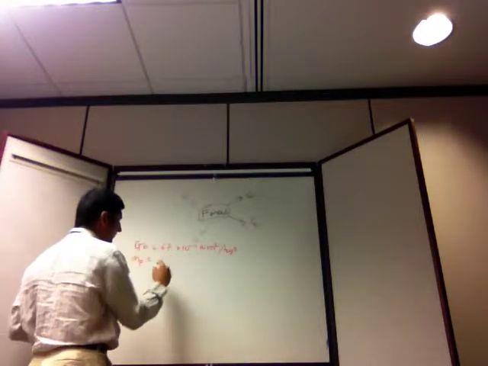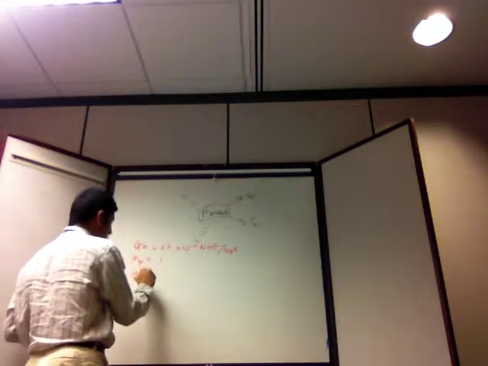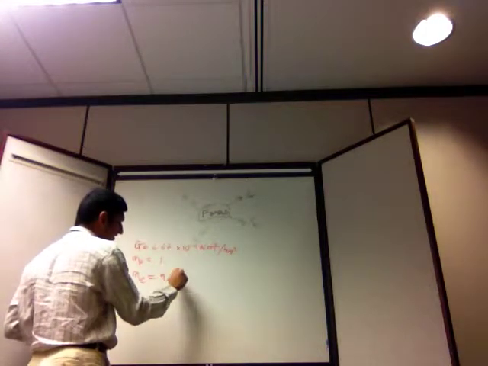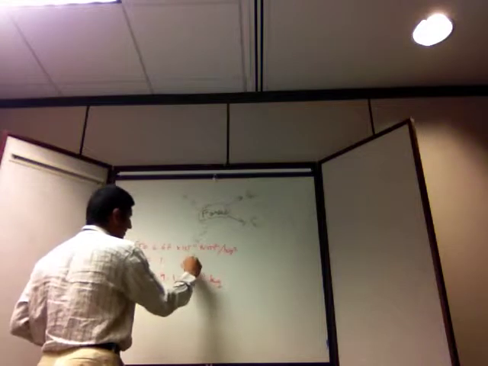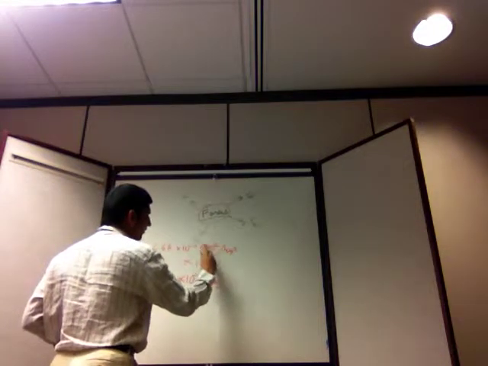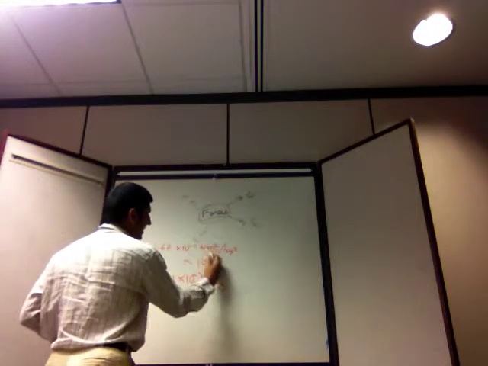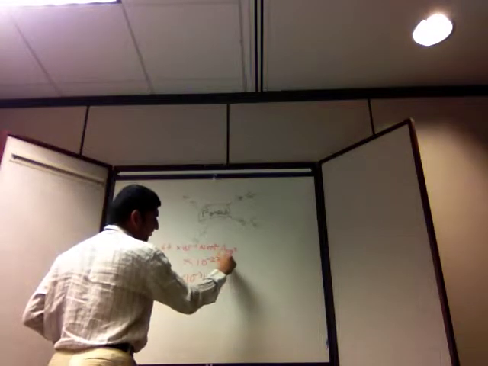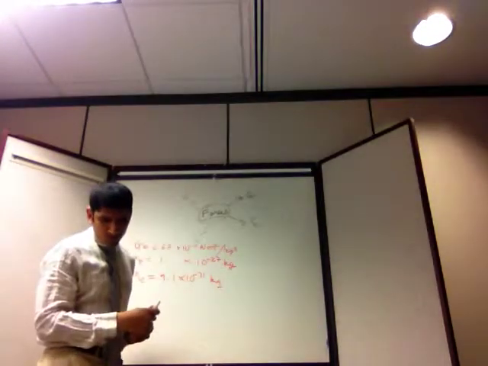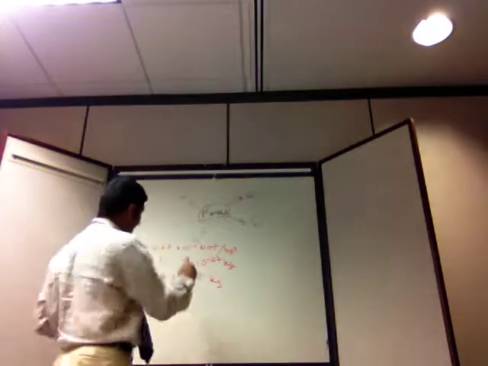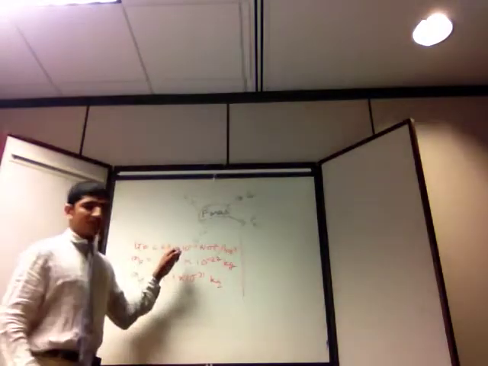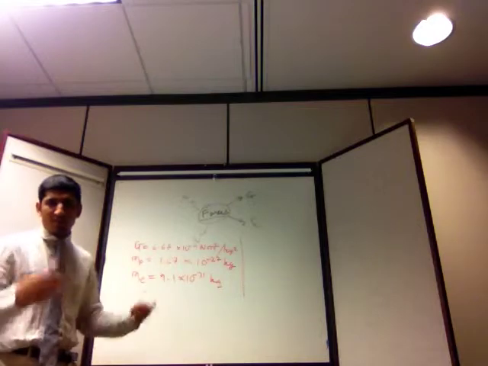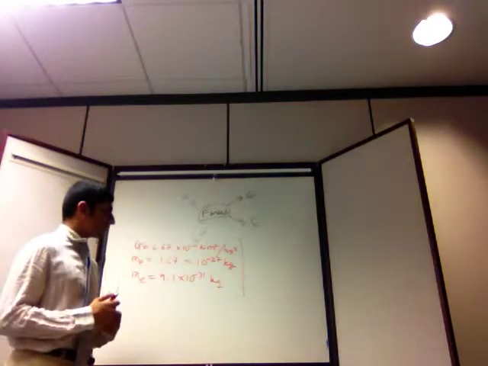The mass of an electron is 9.1 into 10 to the negative 31 kgs. The mass of the proton is of the order 10 to the negative 27 kgs, and the coefficient is 1.67. This is going to be used in the calculation of the gravitational force of attraction between them.